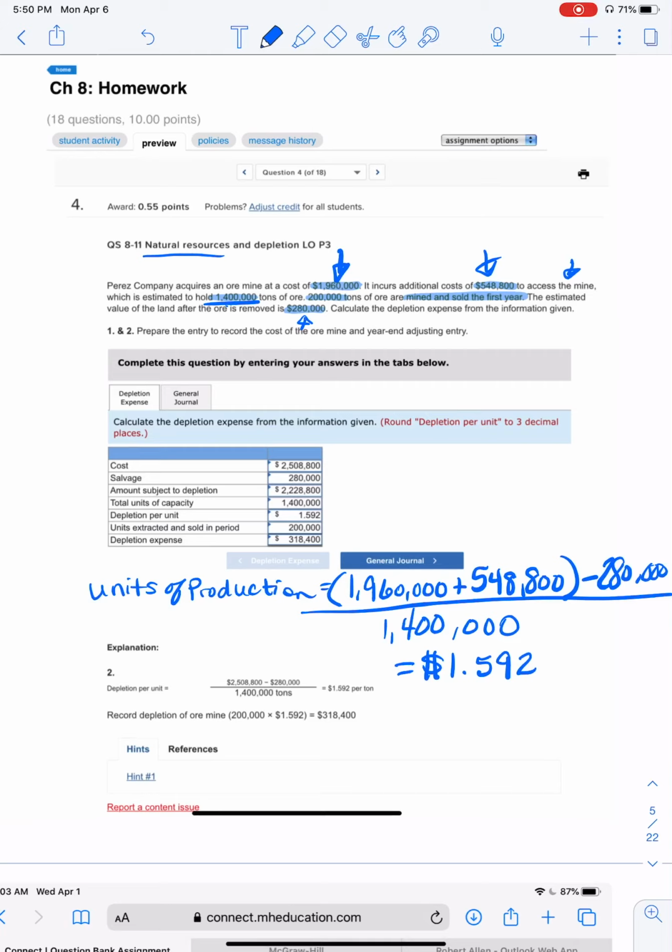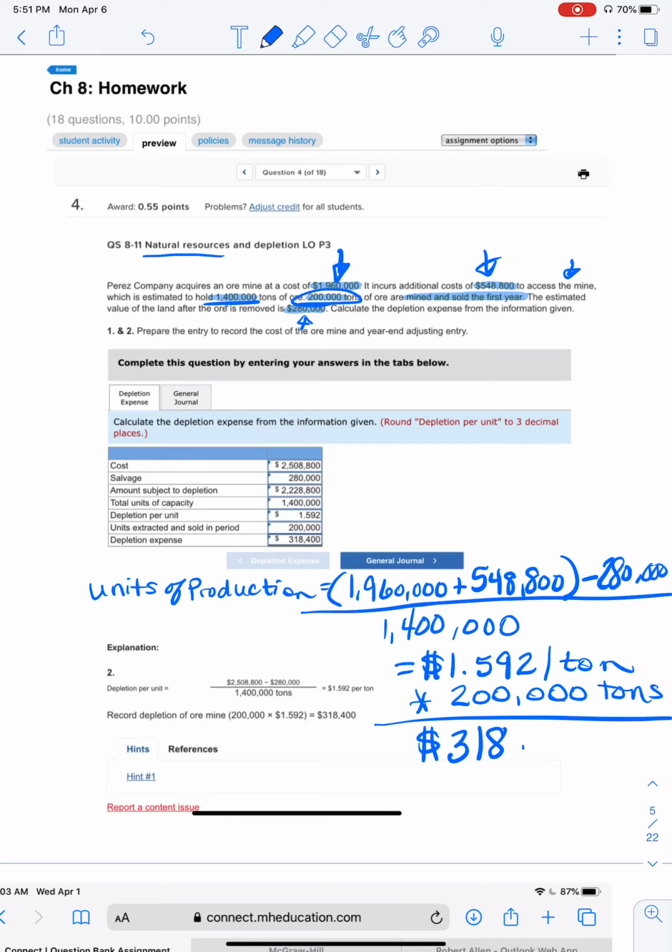So that is exactly what we see. 1.592 is what we get for our rate, and it tells us in this year that we actually used 200,000 tons of ore. So I'll then take this $1.592 per ton and multiply by my 200,000 tons. When I do that multiplication, what I come out to is $318,400 in total depletion expense for this current year.